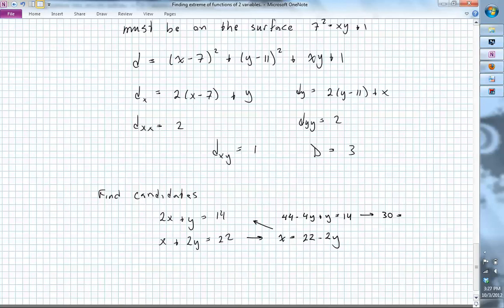That's 30 equals 3y, or y equals 10. Okay. It's good to keep me on my toes, though. If y is 10, what's x? You take that, plug it in there, and you get x is equal to 2. So I said find candidates, but there's really just one. And that point is (2, 10).